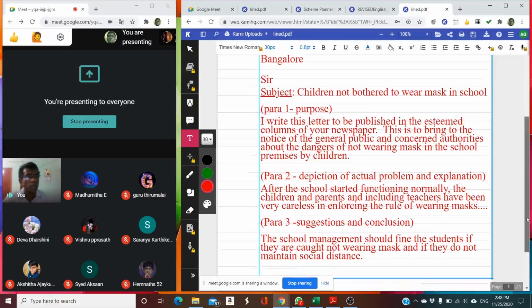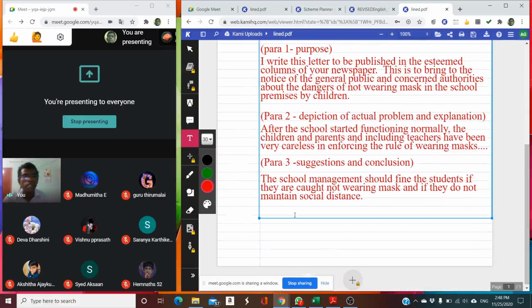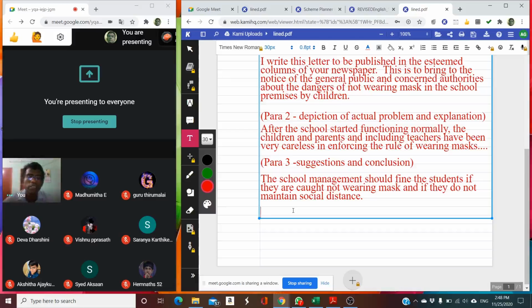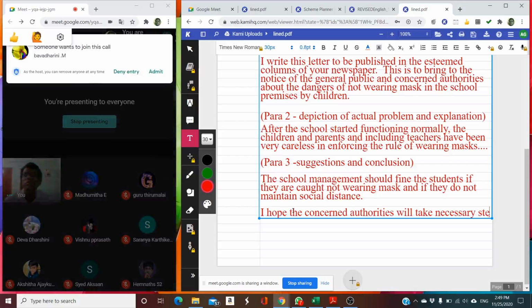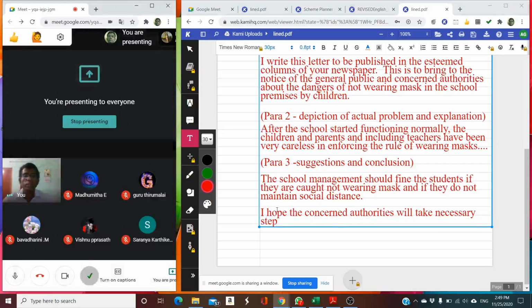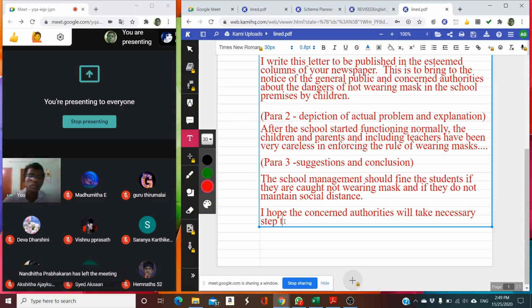After all these 3 paragraphs, you can write one key line here. Okay, summary line. I hope the authorities will take necessary steps to solve this.